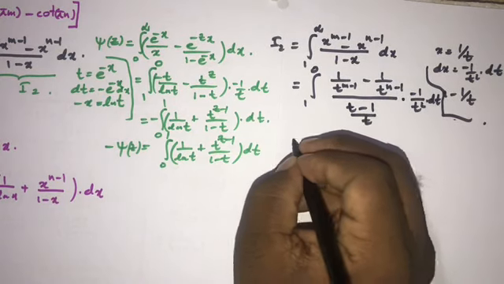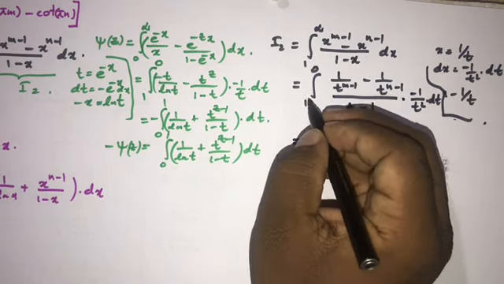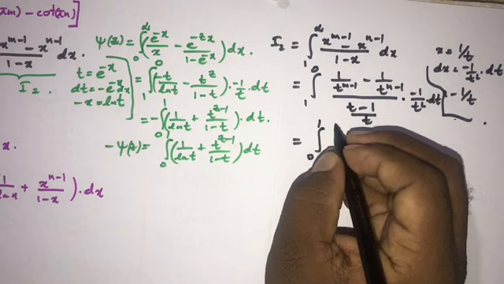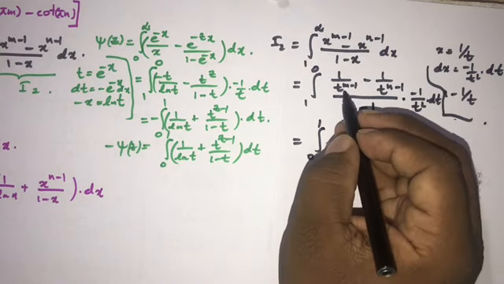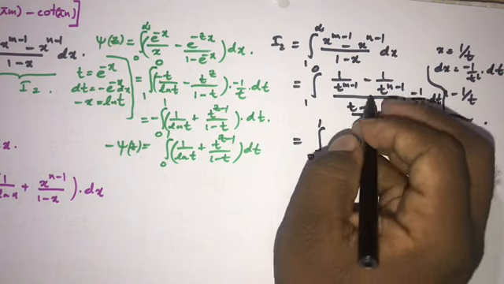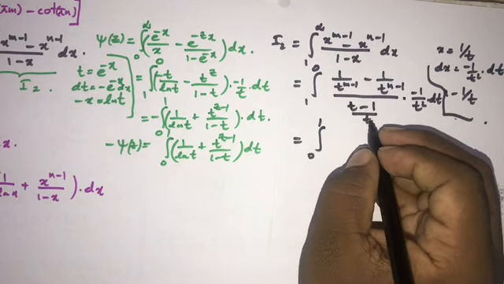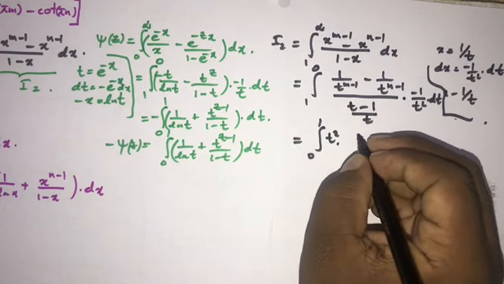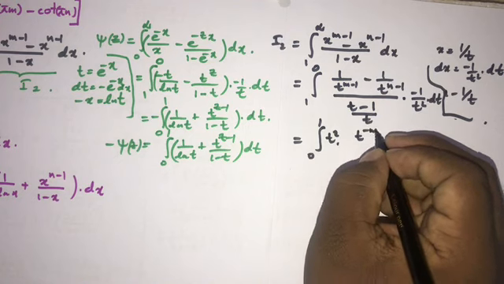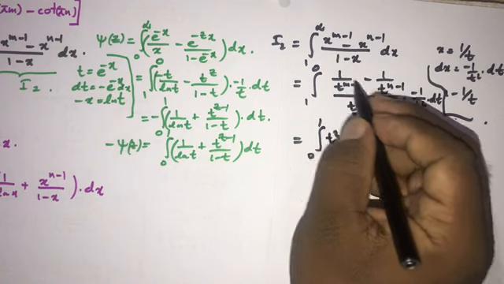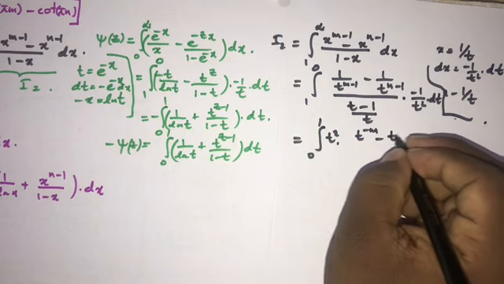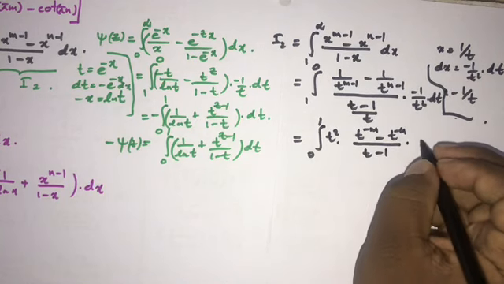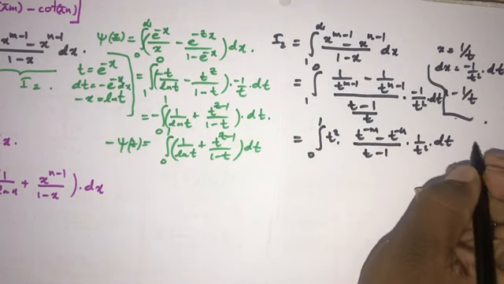Then the limits 1 to 0 become 0 to 1, and the minus gets cancelled. Now t to the m over t, t to the n over t, also t, so t square times t to the minus m minus t to the minus n over t minus 1, times 1 over t square dt.